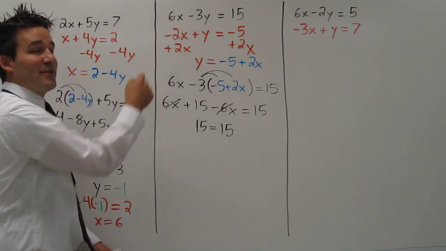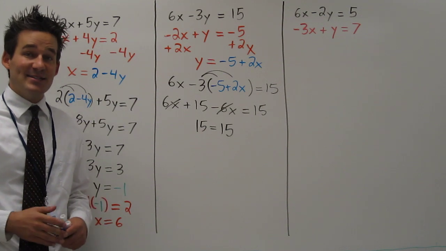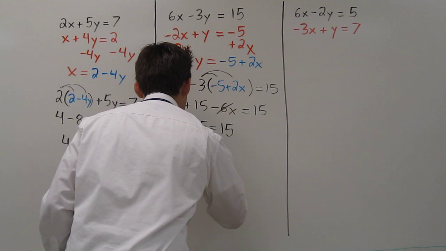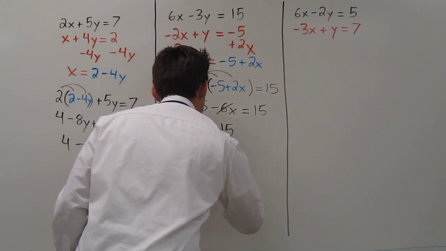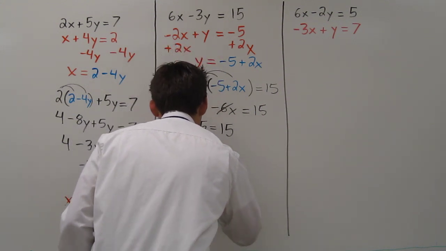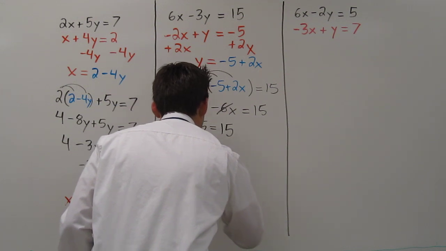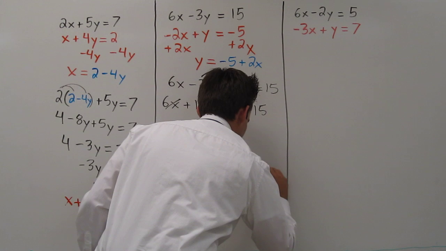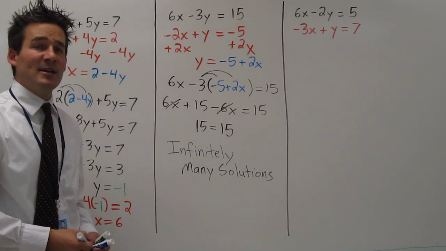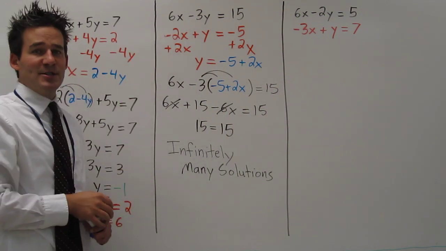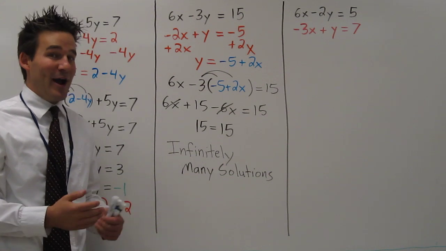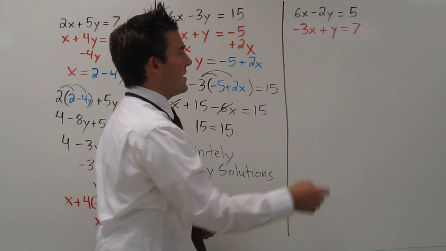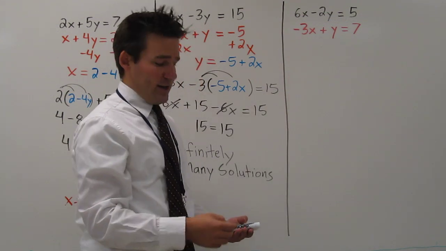So this system of linear equations actually has infinitely many solutions. We could confirm this by graphing these two linear equations, and we would actually see that they graph the same line.